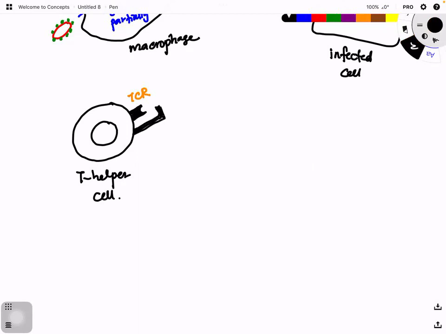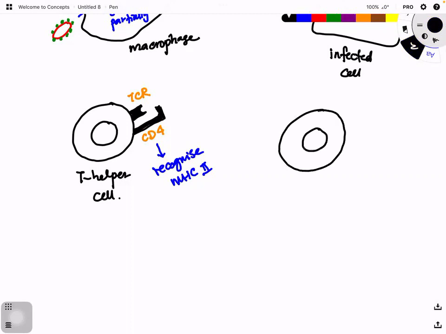This co-receptor is known as CD4. This CD4 can only recognize the MHC class 2 protein. Here, the cytotoxic T cell also has the T cell receptor.